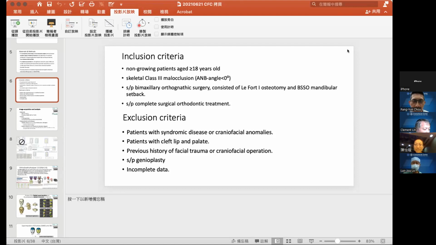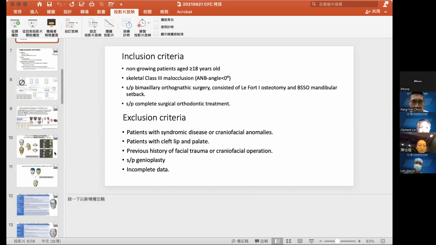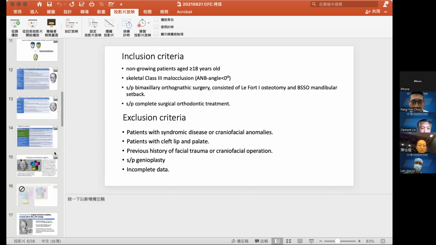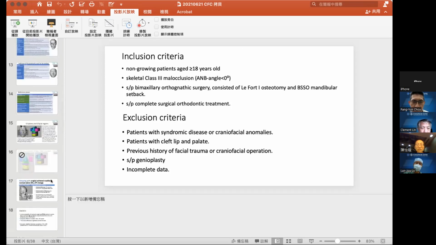First of all, I have one question: even though all the patients belong to class 3 malocclusion, what made your group decide on a rotation of more or less than 2.5 degrees in such a group? And what is your final goal in dividing it into the two groups?